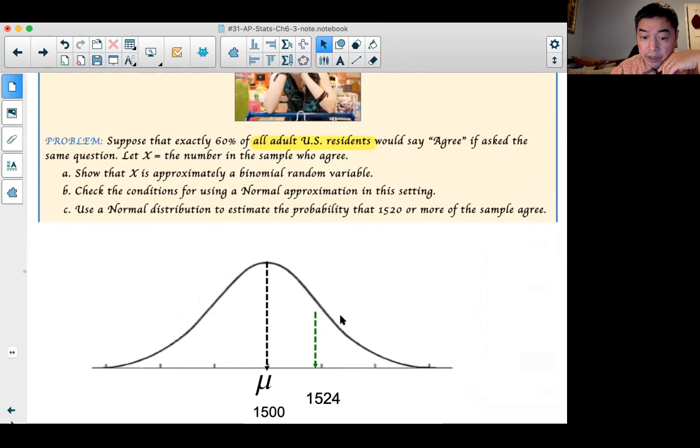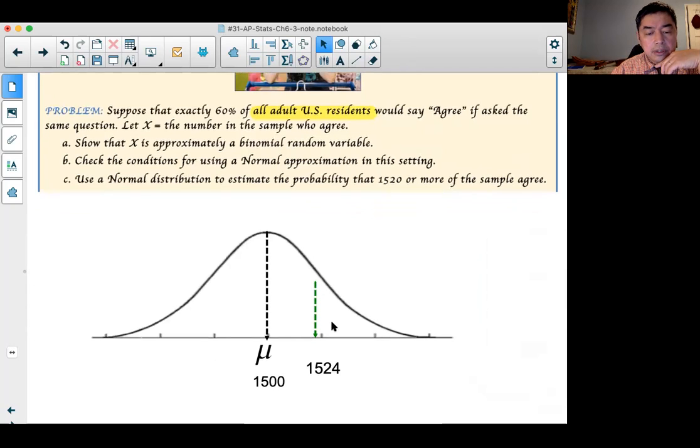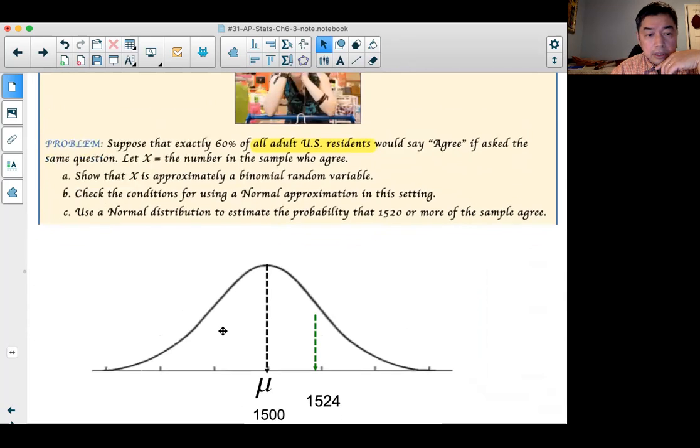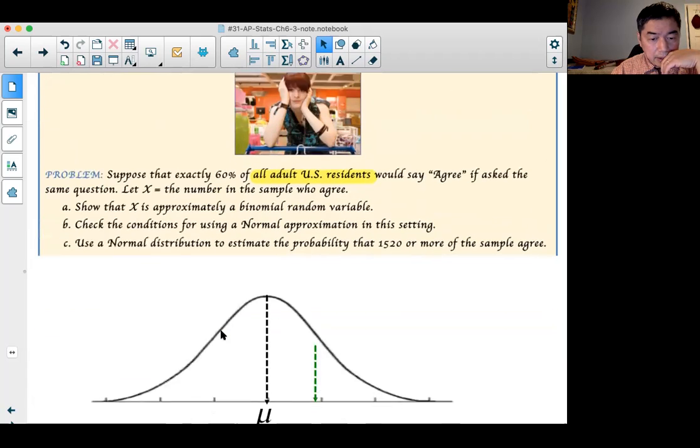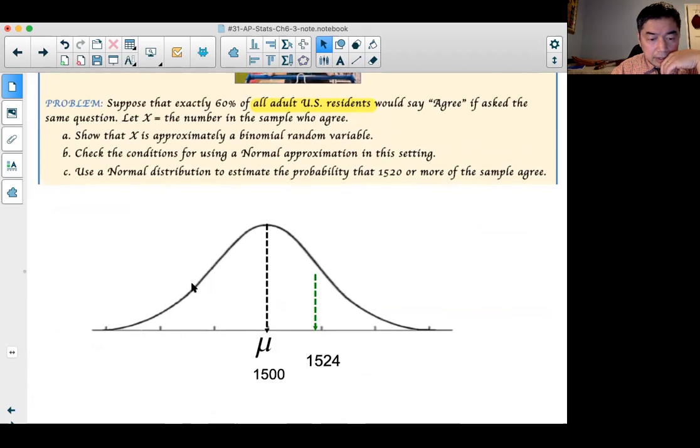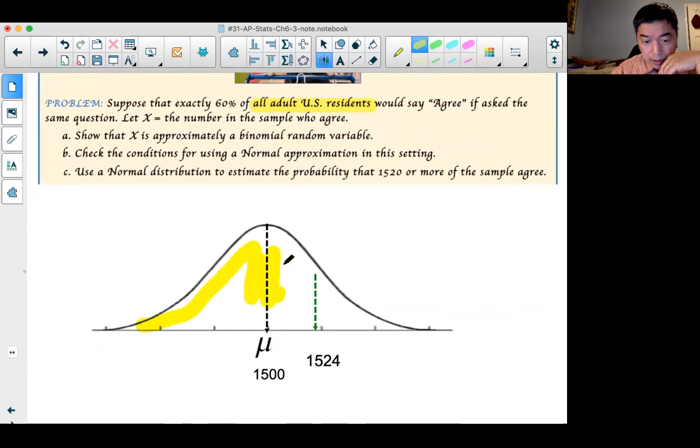And what does this say? Will agree. So agree is, wait, going this way or this way? 60% is agreeing. So the distribution from here to here is success.